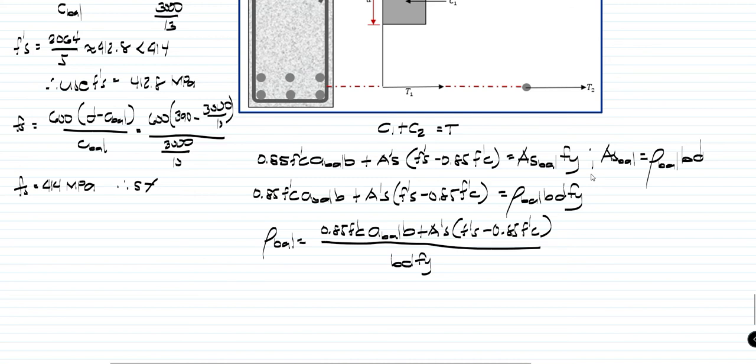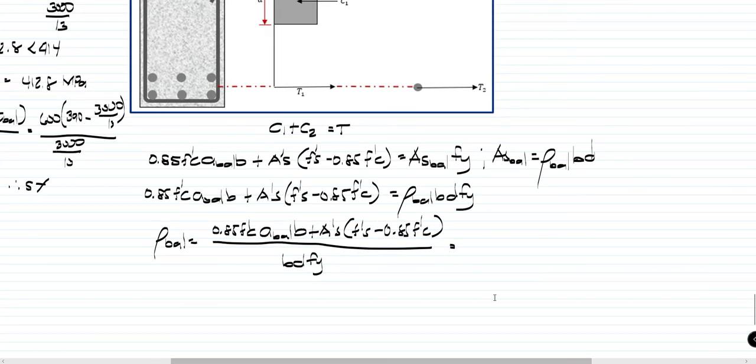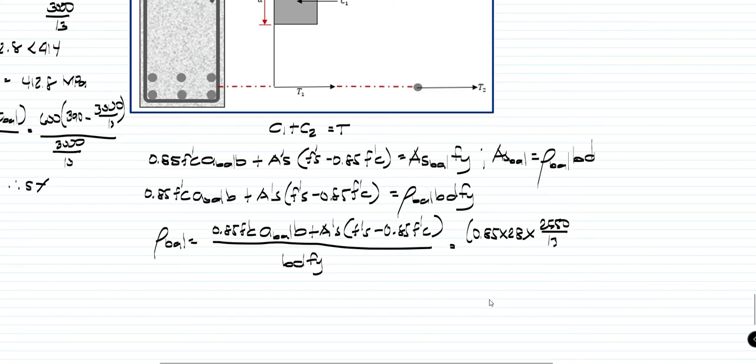So now, we have to substitute the values we got earlier and our given values. So we could have 0.85 times 28 times our a balance, which is 2550 over 13.